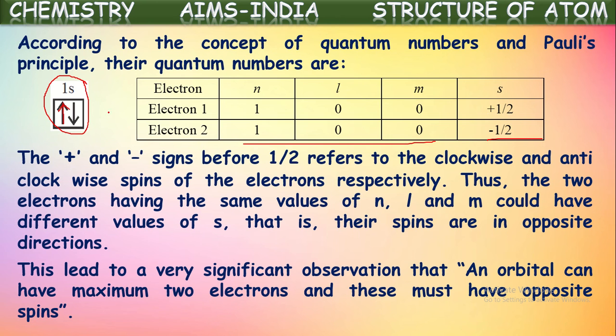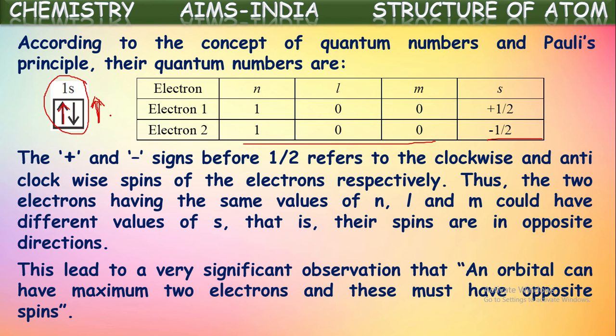What happens if you write a third electron in the same 1s orbital? That should be either in the clockwise spin or anti-clockwise spin. Suppose we consider the third electron also in the same way and it is shown in the clockwise spin. Now what happens? This first electron and this third electron will both get the same set of quantum numbers, which is incorrect according to Pauli's principle.